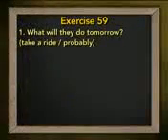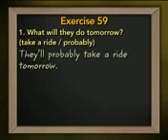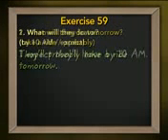Let's review sentences with the auxiliary verb will. You saw information like, what will they do tomorrow? Take a ride? Probably. And you made the sentence. They'll probably take a ride tomorrow. Or they will probably take a ride tomorrow. Good. Next one.